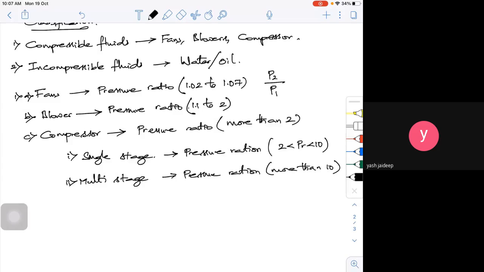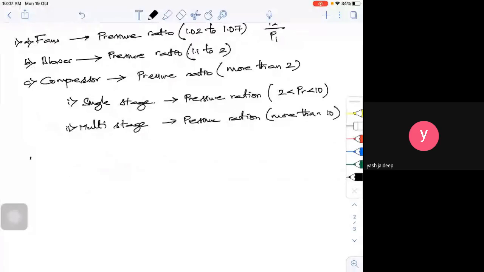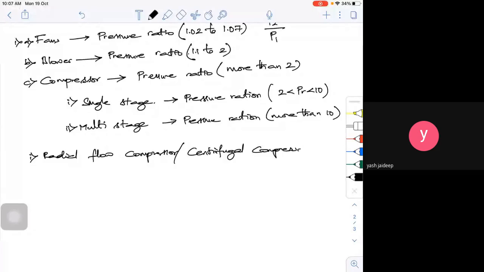Even in single stage or multi-stage compression, we have a further classification. Those are called radial flow compressors or centrifugal compressors. Here also I will have single stage and multi-stage. In the case of a radial flow, the flow is in the radial direction.